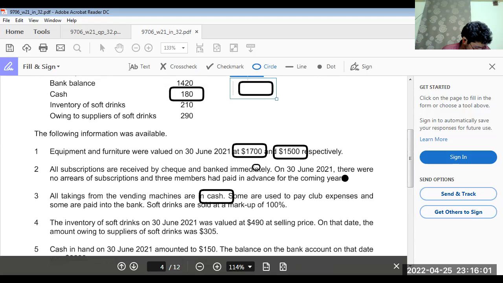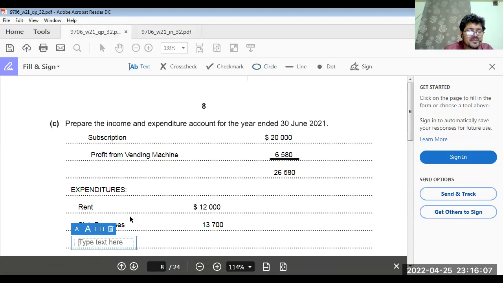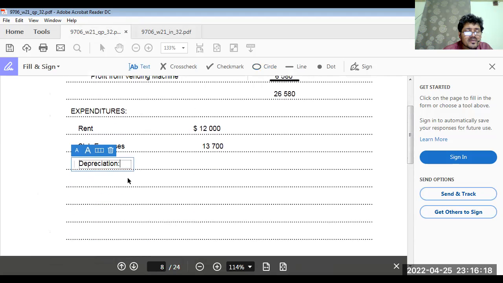So 270 is the amount of depreciation. Okay. So depreciation 400 and furniture 270.